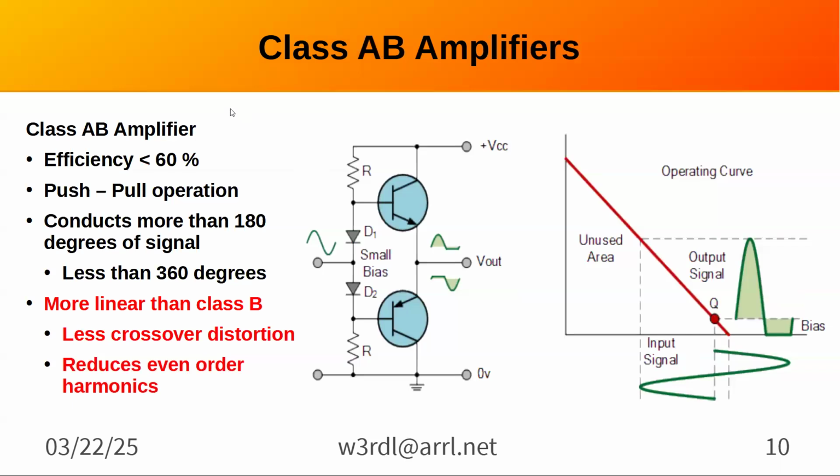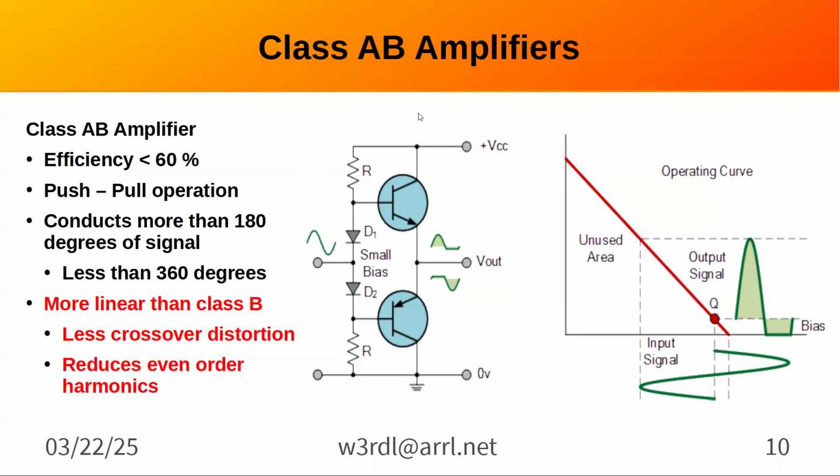Yeah, but what causes the crossover distortion? It's a transistor, the base emitter. Because when the signal coming in is less than 0.7, assuming it's a silicon device, you're not going to conduct.